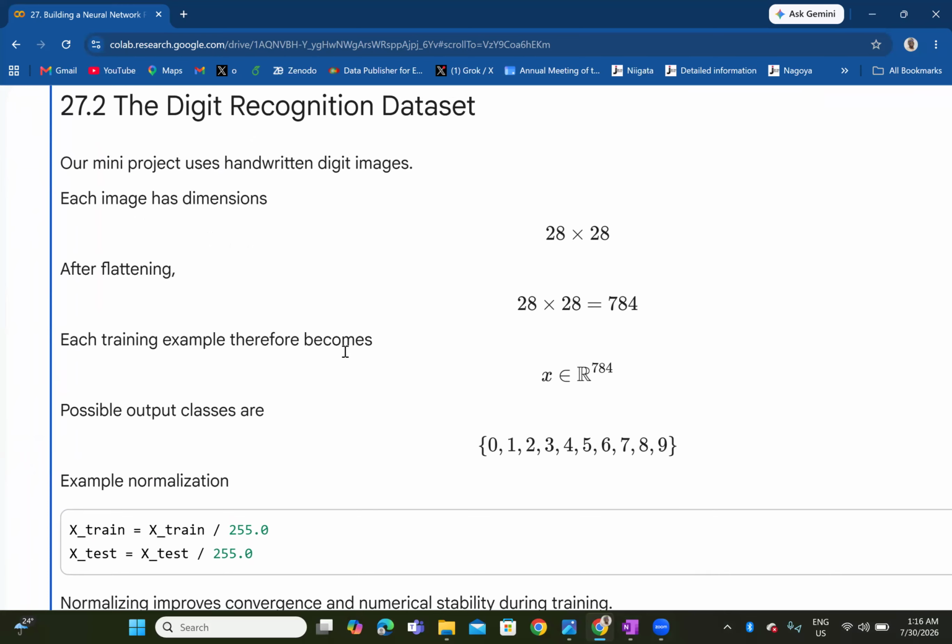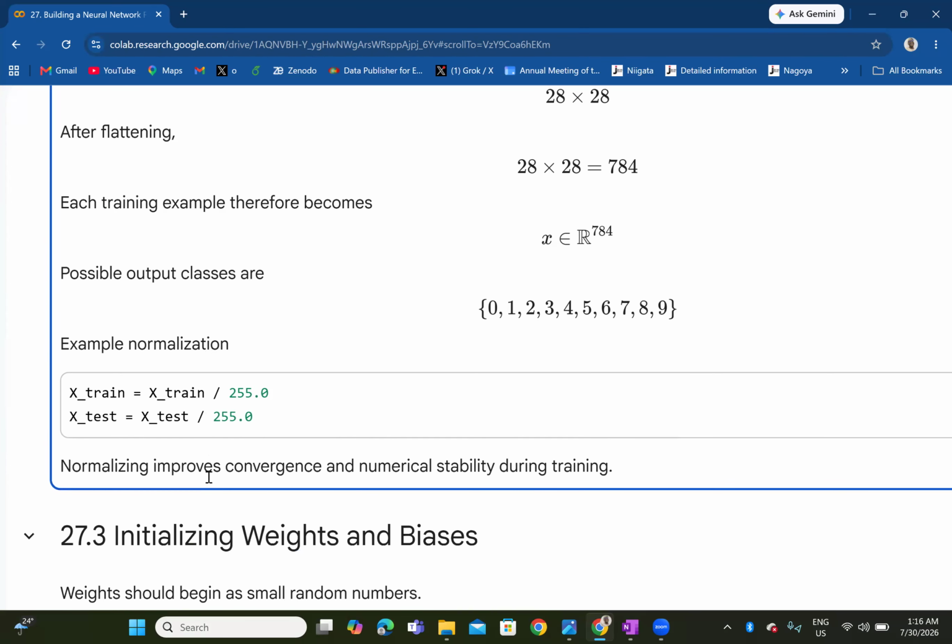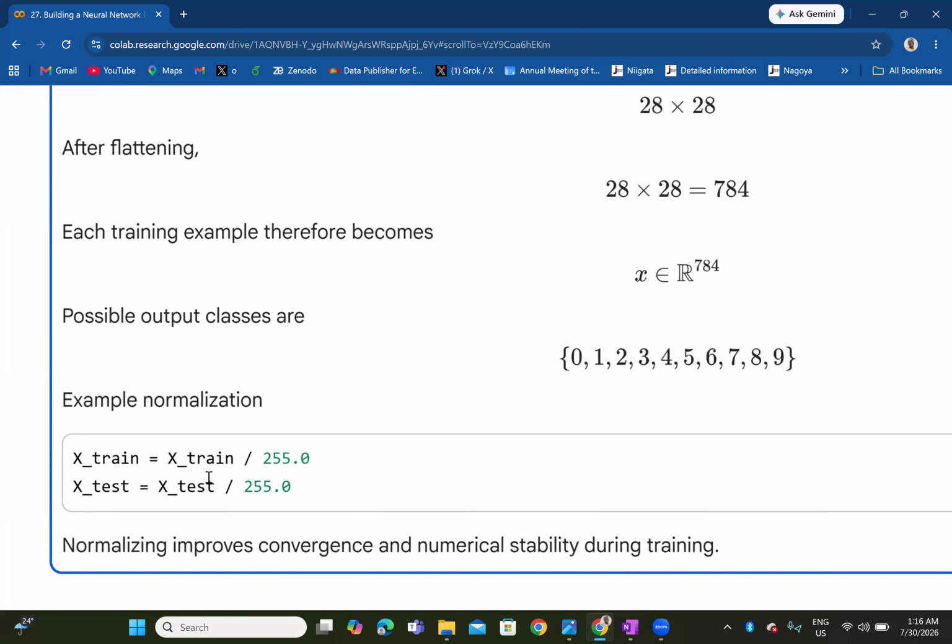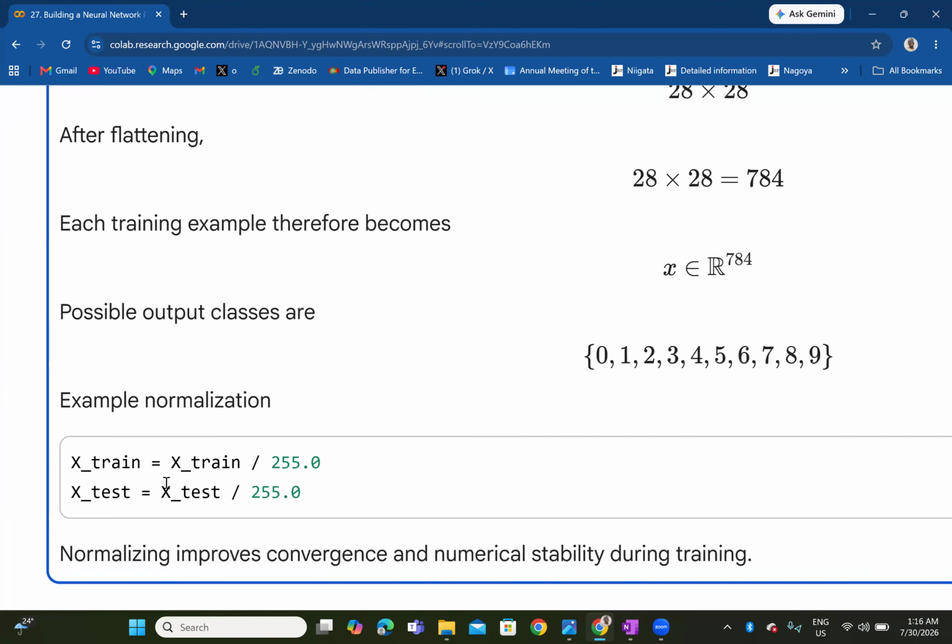So each training example becomes a 784-dimensional real vector, and the possible output classes are the numbers 0, 1, 2, 3, up to 9. For normalization, X_train equals X_train over 255.0, and X_test equals X_test over 255.0. Normalizing improves convergence and numerical stability during training.